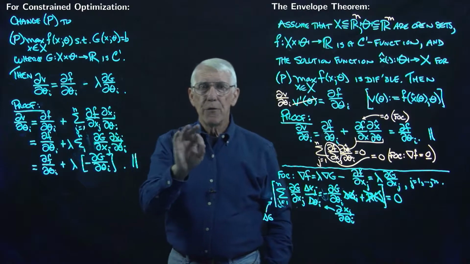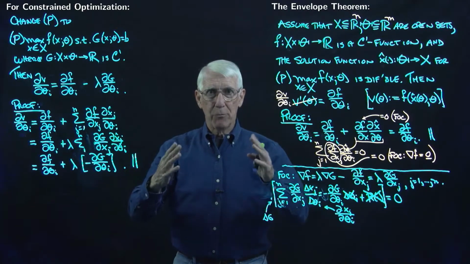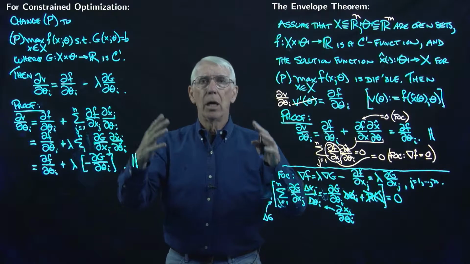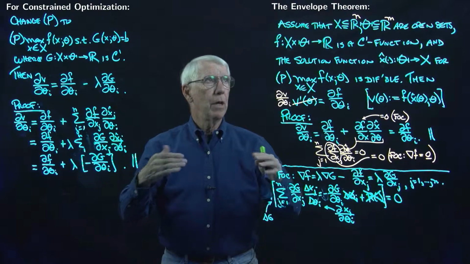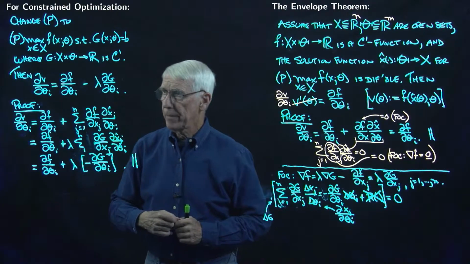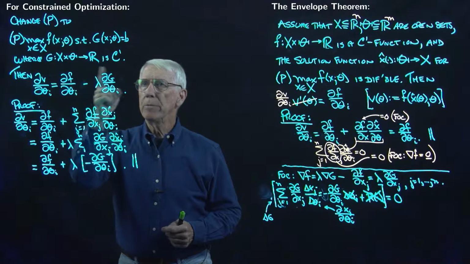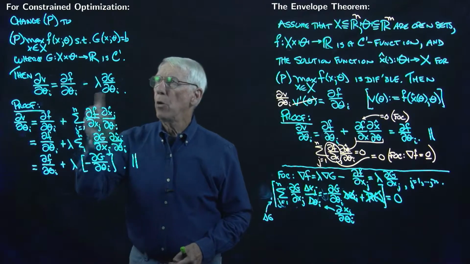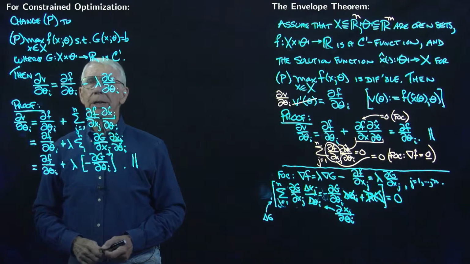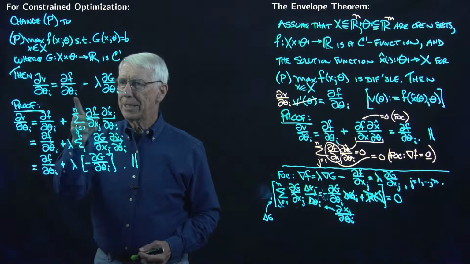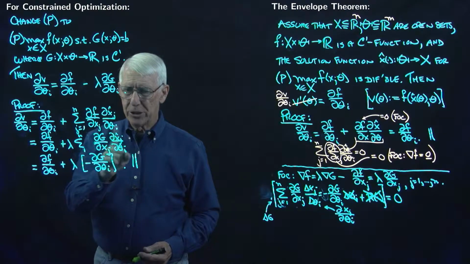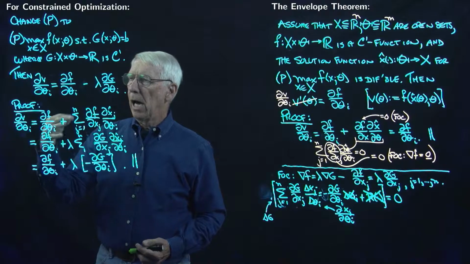So let's finish up with the fully general form of the envelope theorem by looking at the situation with multiple constraints. So what do I need to do to change this to multiple constraints? We've got the index i on the parameters and the index j on the decision variable.